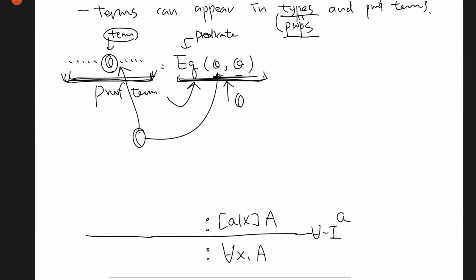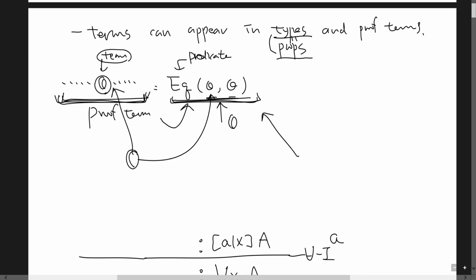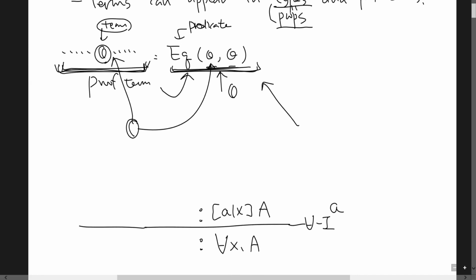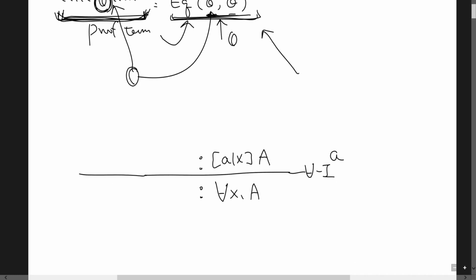But according to the observation we made here, if this proof term proves a property of a specific term 0, perhaps this proof term contains 0 somewhere. So similarly, now this type is about a specific term, a parameter a. So perhaps this proof term contains the term a somewhere.